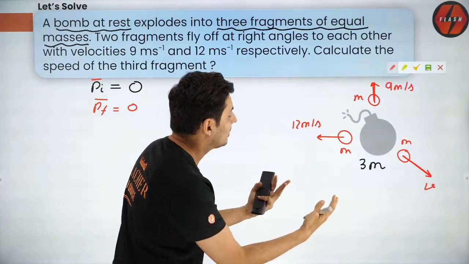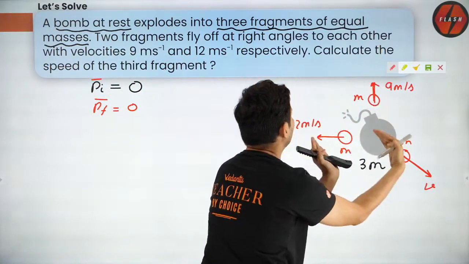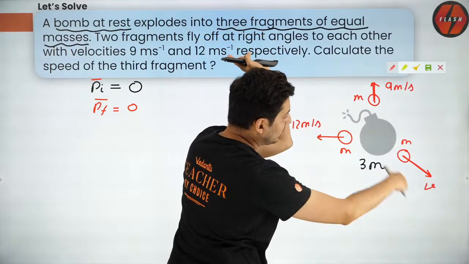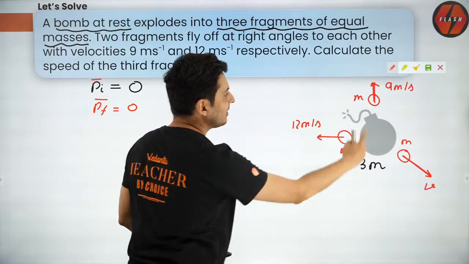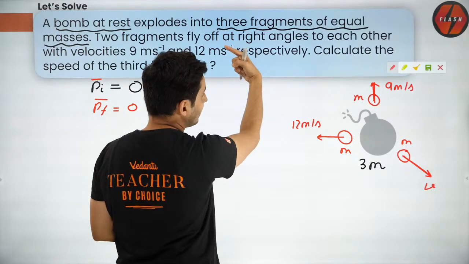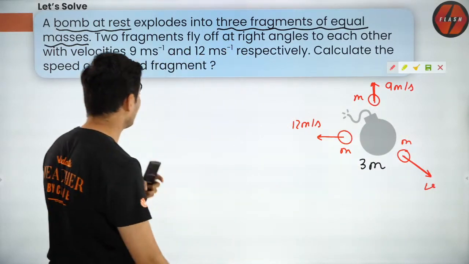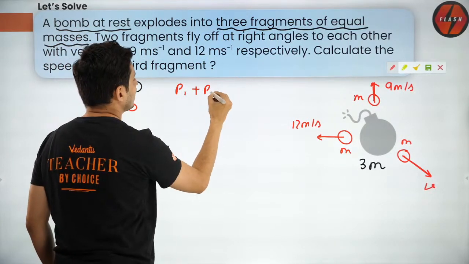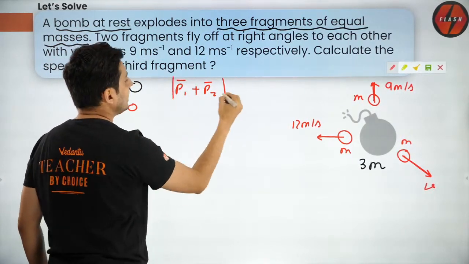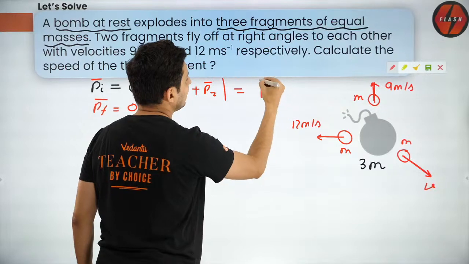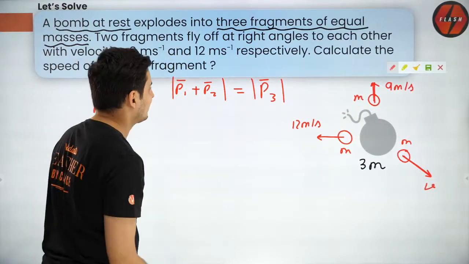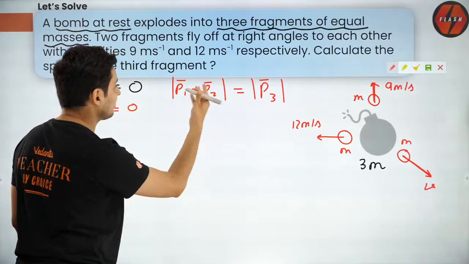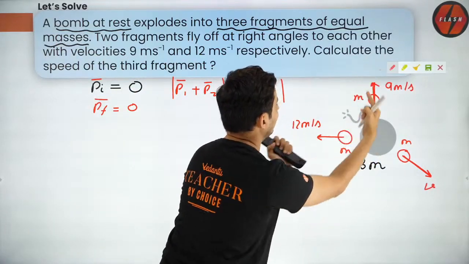So, think about it. Shouldn't these two's resultant cancel out this momentum? This mass and this mass's resultant momentum should cancel this mass's momentum. That's what I'm going to do. So P1 and P2's resultant will be equal in magnitude to P3's momentum. If you understand this, there is nothing great about this problem. What is the resultant of these two momentums?